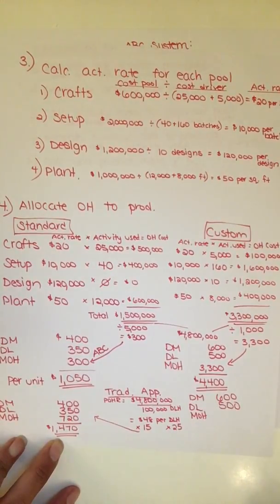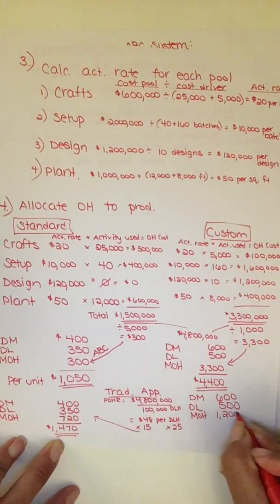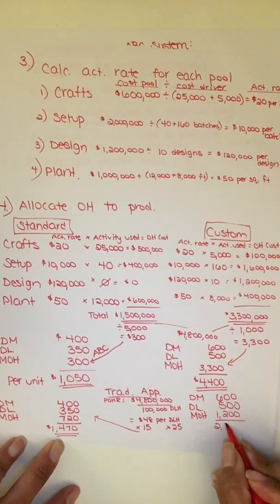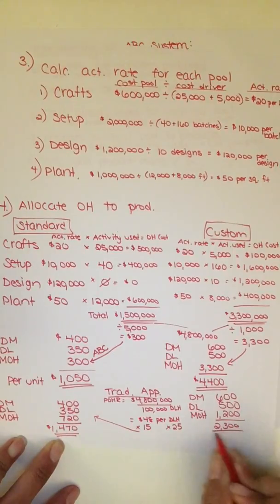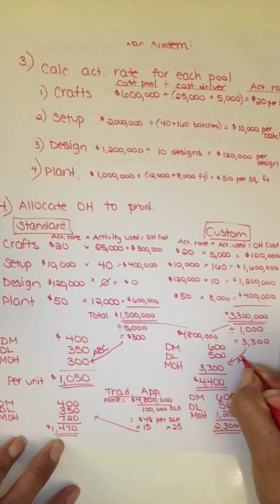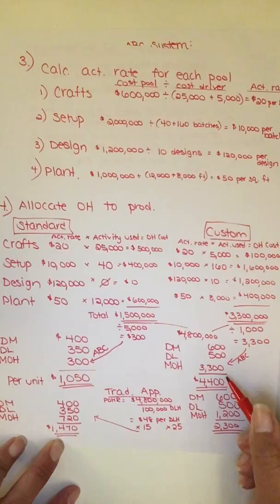Multiply that, and we're going to get 1,200. Add that up, we get a total cost of 2,300 under the traditional approach. When we did ABC to calculate our overhead, we got almost 3 times as much, 3,300.